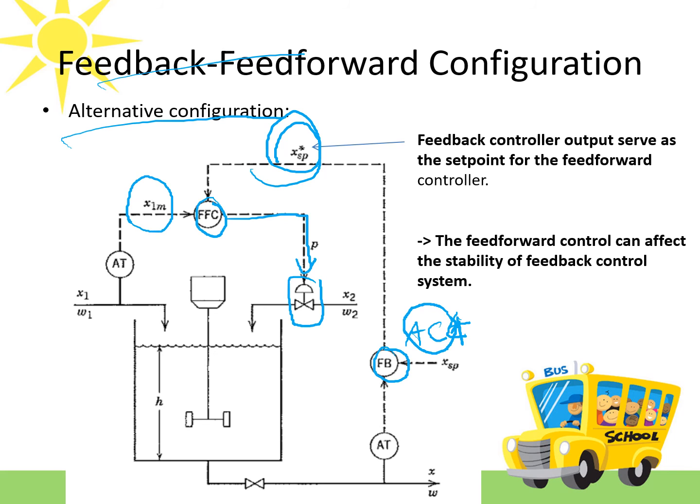So using this configuration, the feed-forward control can affect the stability of the feedback control system. Why? Because the input for the feed-forward controller here depends on the output of your feedback controller. That's why it will affect the stability of the feedback control system.